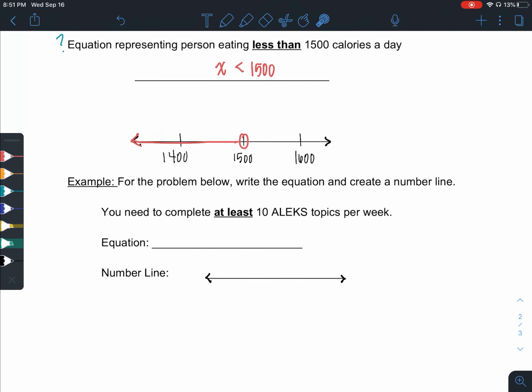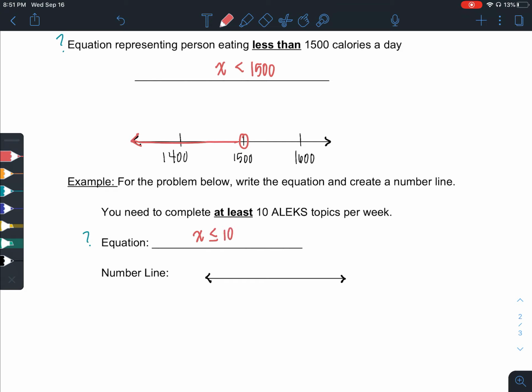All right, now we don't have to do Alex anymore, but we're still going to talk about it just real fast. Throwback to freshman year. You need to complete at least 10 Alex topics per week. Go ahead and write an equation for that. What you should have written was x is greater than or equal to 10, because at least 10.